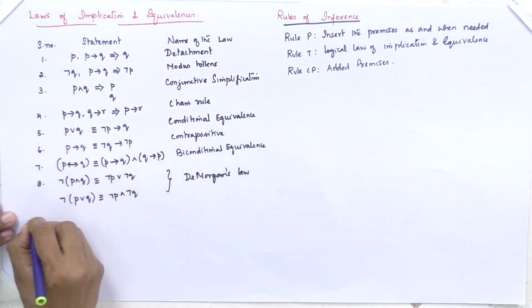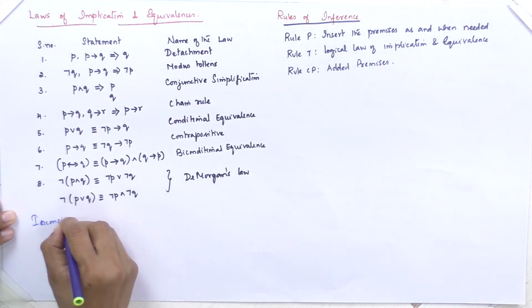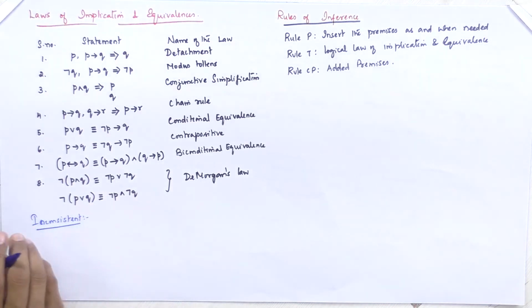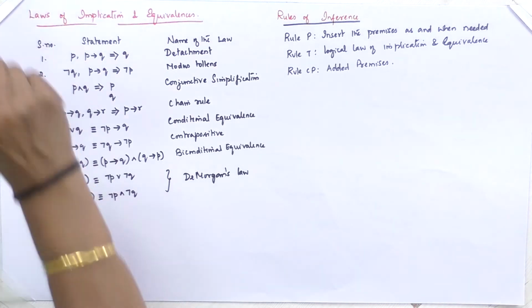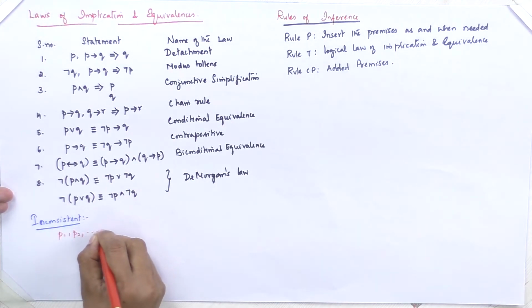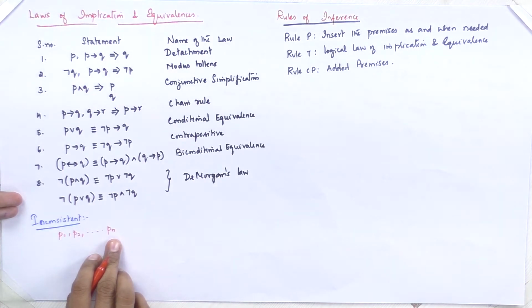Now, okay, fine about that. What is all about inconsistency? Suppose we are given the premises, or the statements P1, P2, and so on till Pn. So how do we say that this is an inconsistent statement?